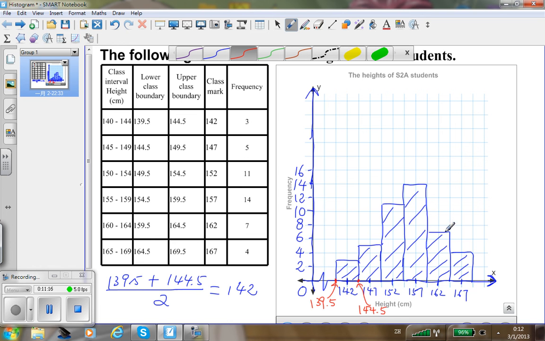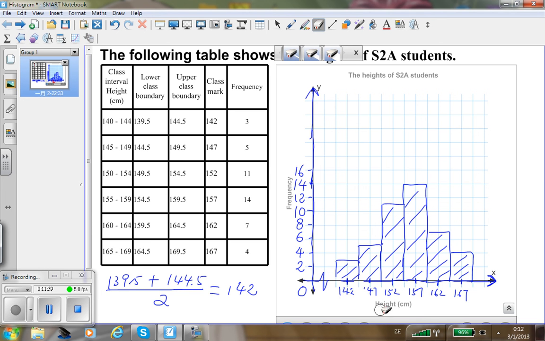But for drawing a histogram, we don't use the lower class and upper class boundary to represent the class. We just use the class mark, which is the middle value between these 2 points. Therefore, when we label the graph, we just show the class mark for each class like that. Label the middle values.